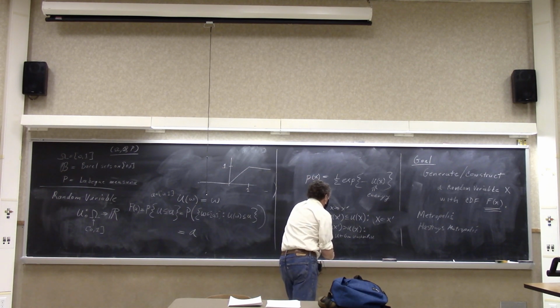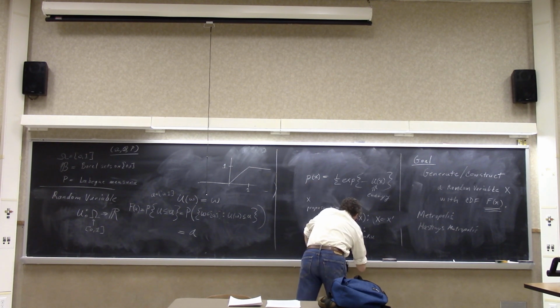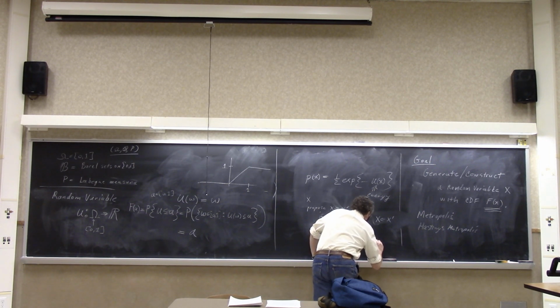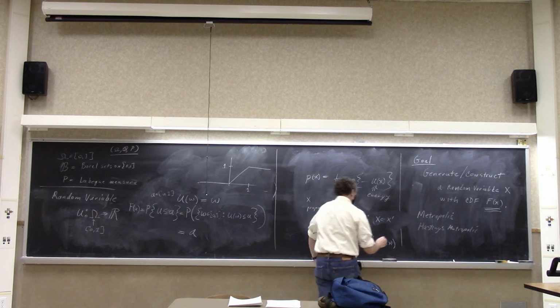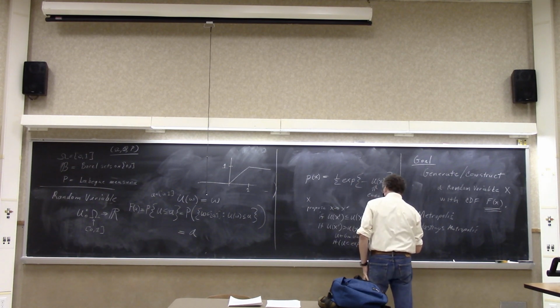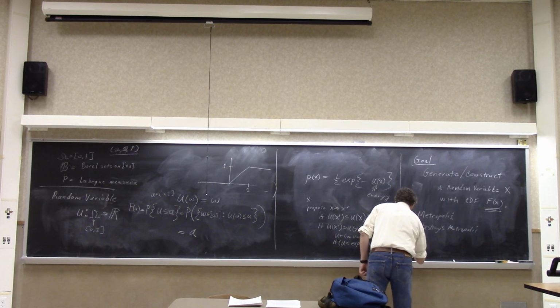And then what you do is, if u is less than the exponential of minus, this is crazy, u of x prime minus u of x, then you make x go to x prime.